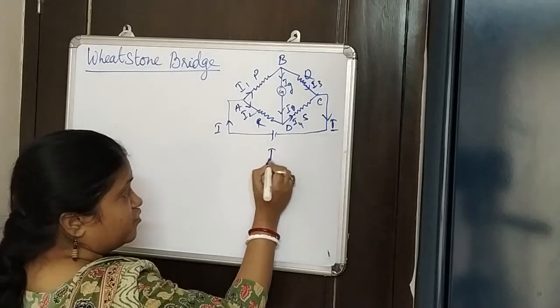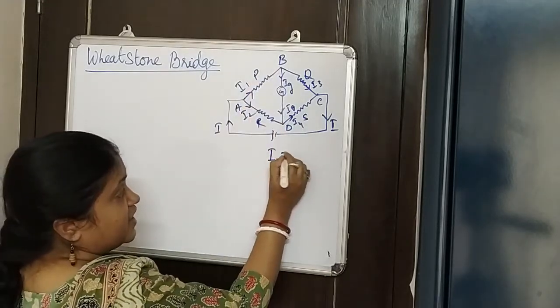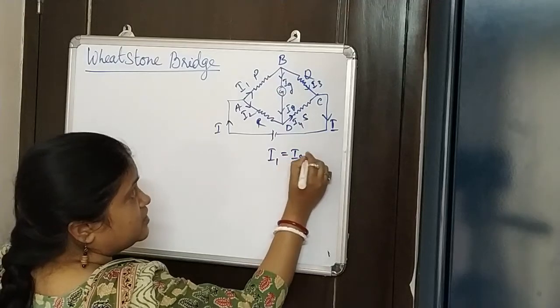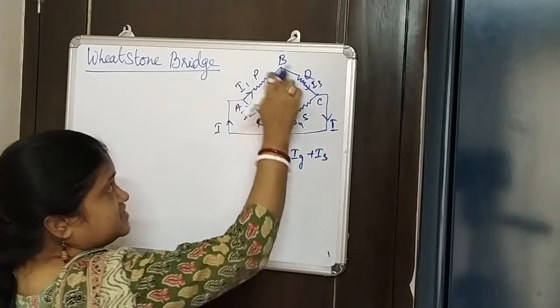So we can write I1 is Ig plus I3 as it gets divided.